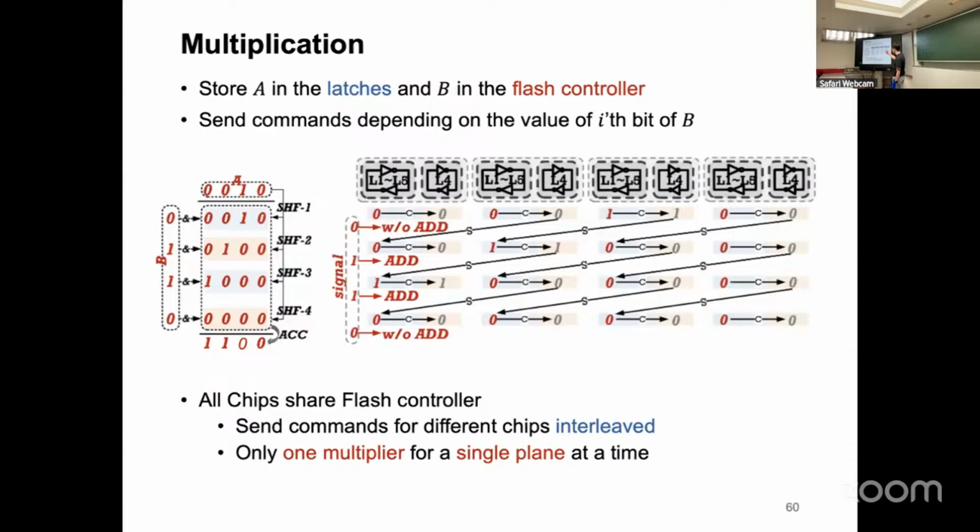And we do this for every digit of B. Since all chips share the same flash controller, we have to send the flash commands for different chips interleaved. And so we can also have only one multiplier for a single plane at a time.